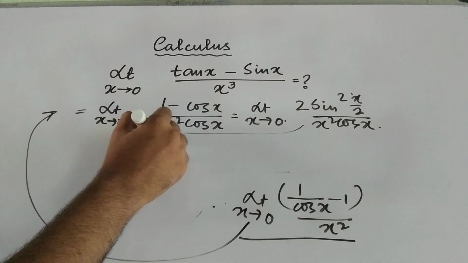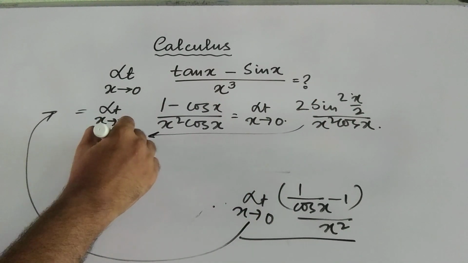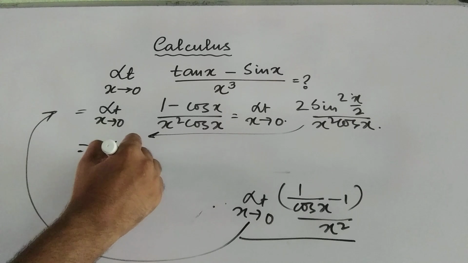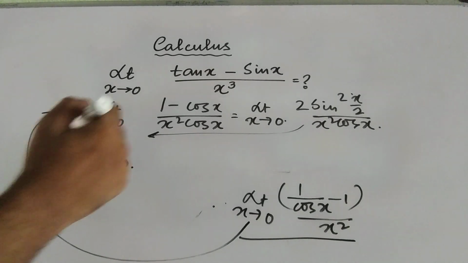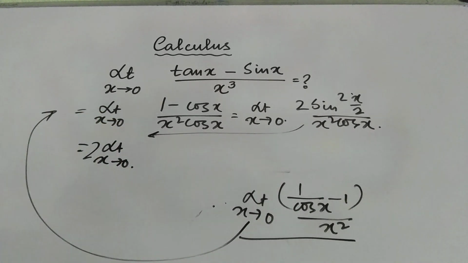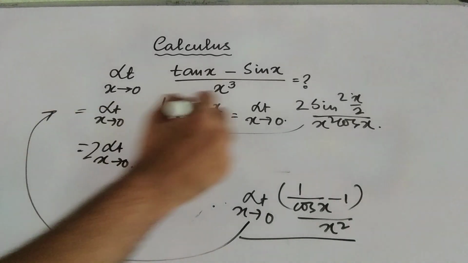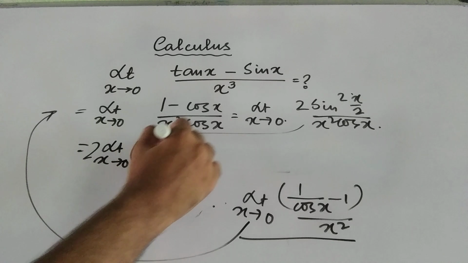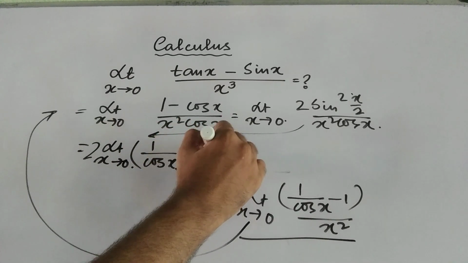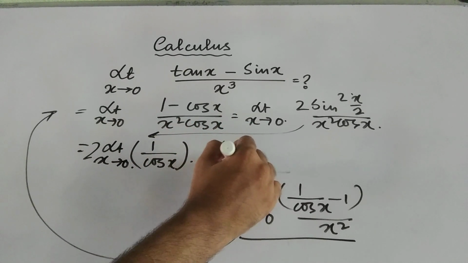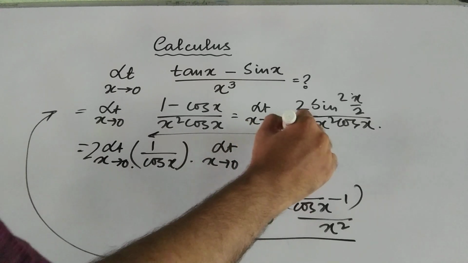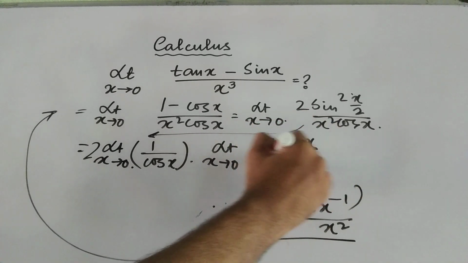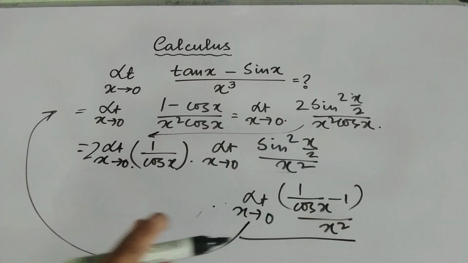So the same expression I am writing as limit x tends to 0, again separating it out as 2 comes out of the limiting expression because this is a constant. 1 by cos x I am taking as a separate function, and secondly limit x tends to 0 sin square x by 2 divided by x square, right?